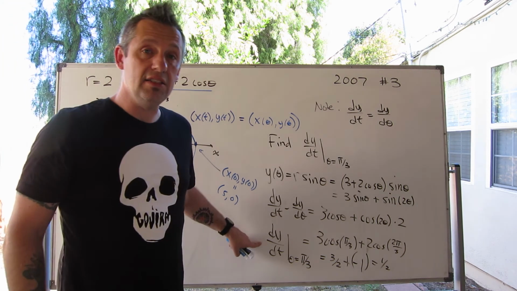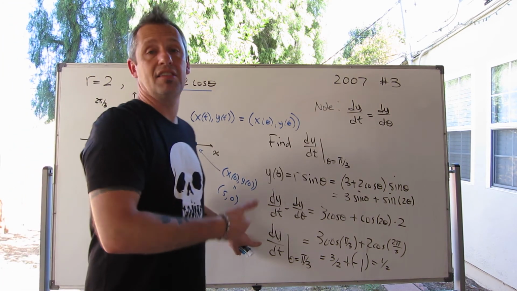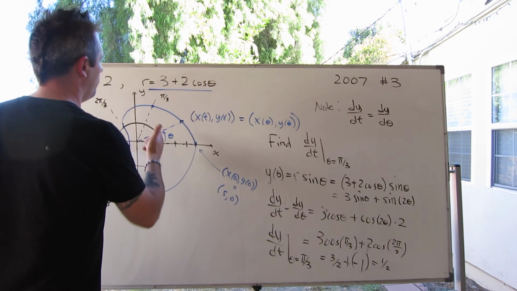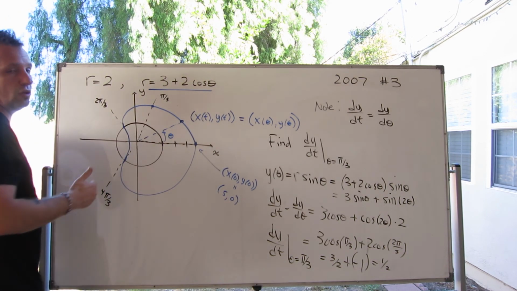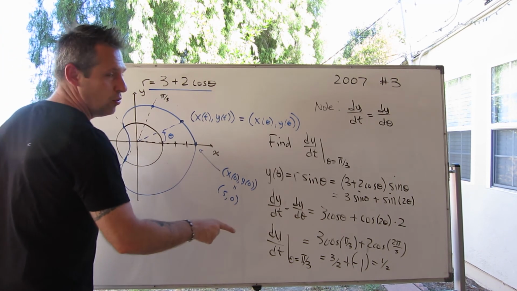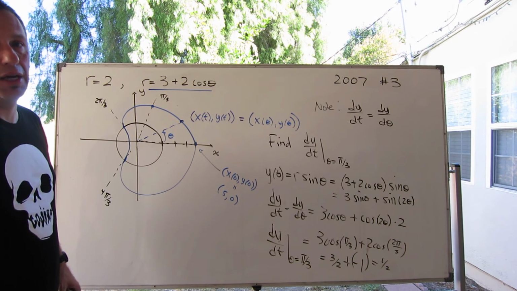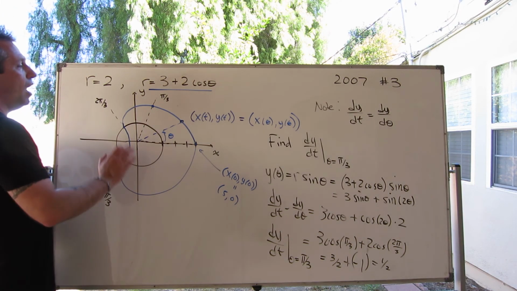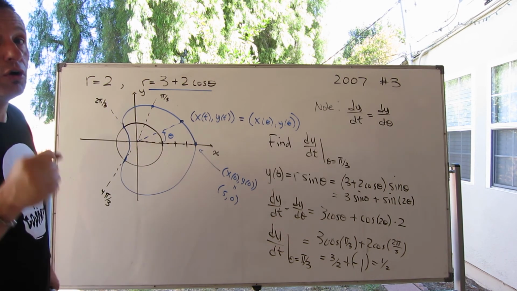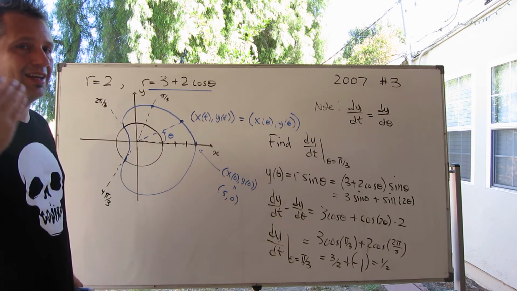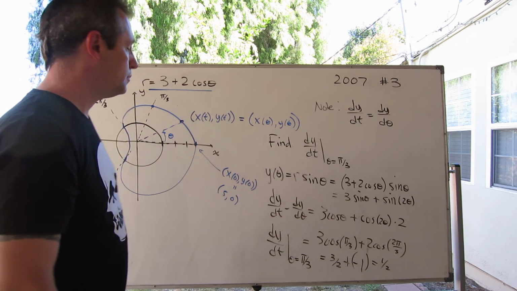But dy dt is positive at this time slash angle. So interestingly, even though the particle is getting closer to the origin, at this moment its y coordinate is getting bigger, even though overall the particle is getting closer to the origin.